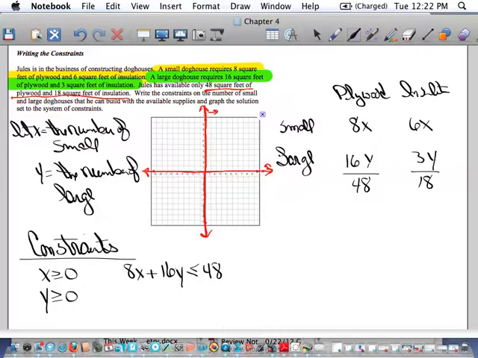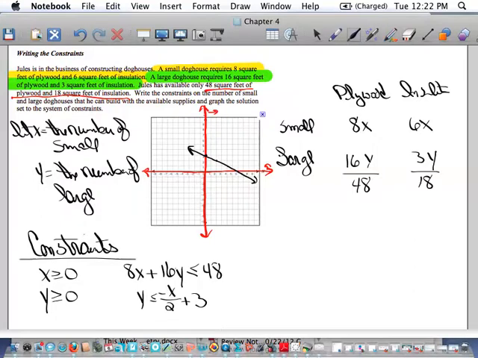So if we solve this system, we have Y is less than or equal to negative X over 2 plus 3. So take that equation, put it in slope-intercept form, and go ahead and graph that line. So there's the line that uses the constraint on plywood.